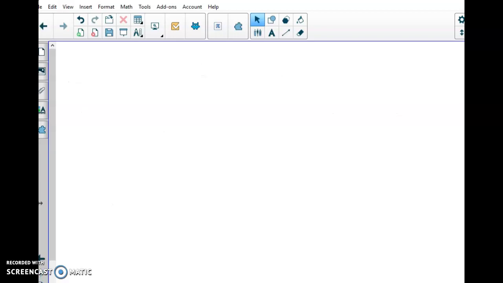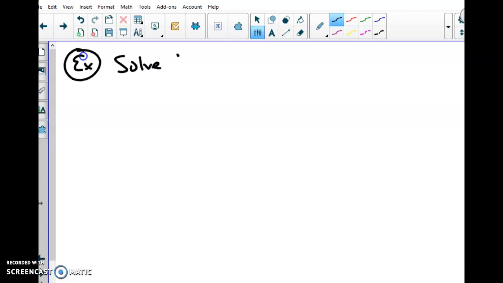There are going to be times when you will have to solve a trig equation algebraically, and it's based on your unit circle. For instance, let's say that we have the secant value of x equals 2.